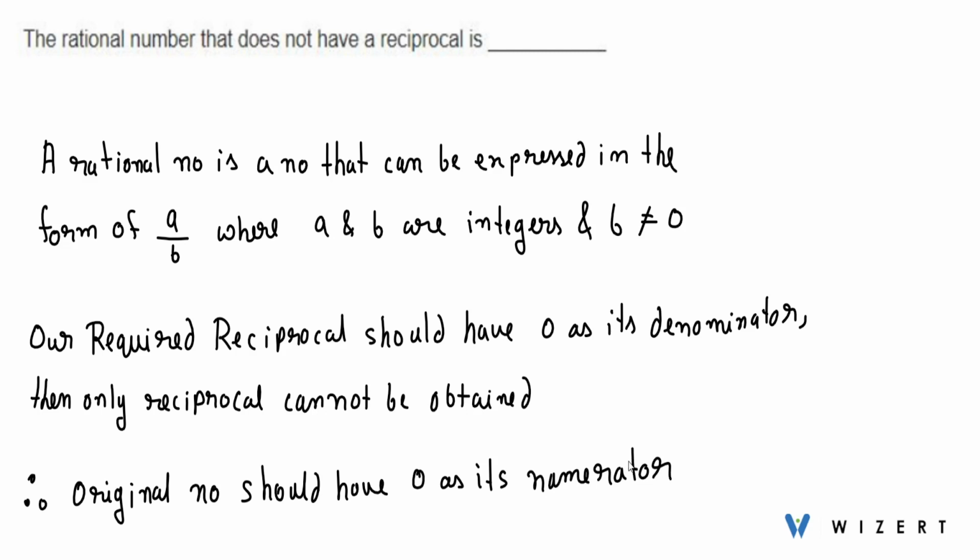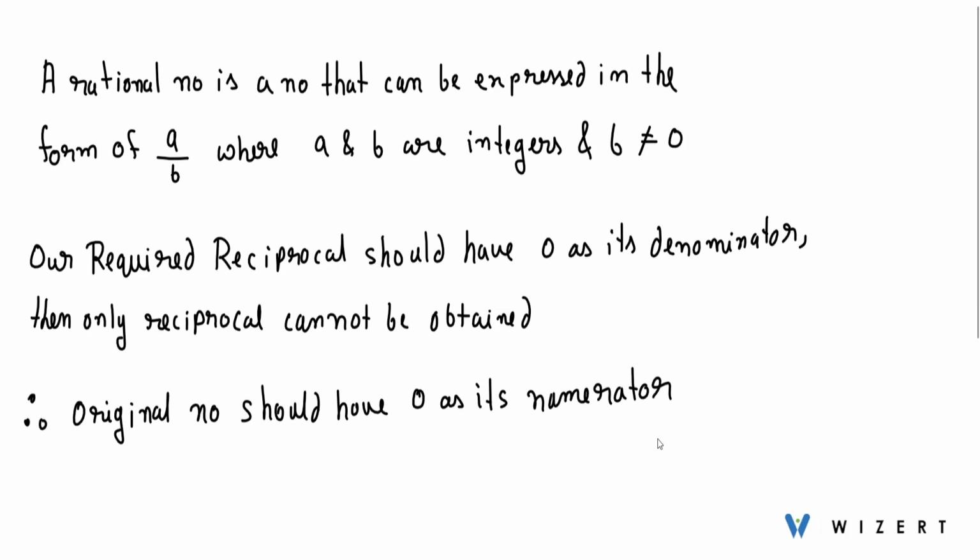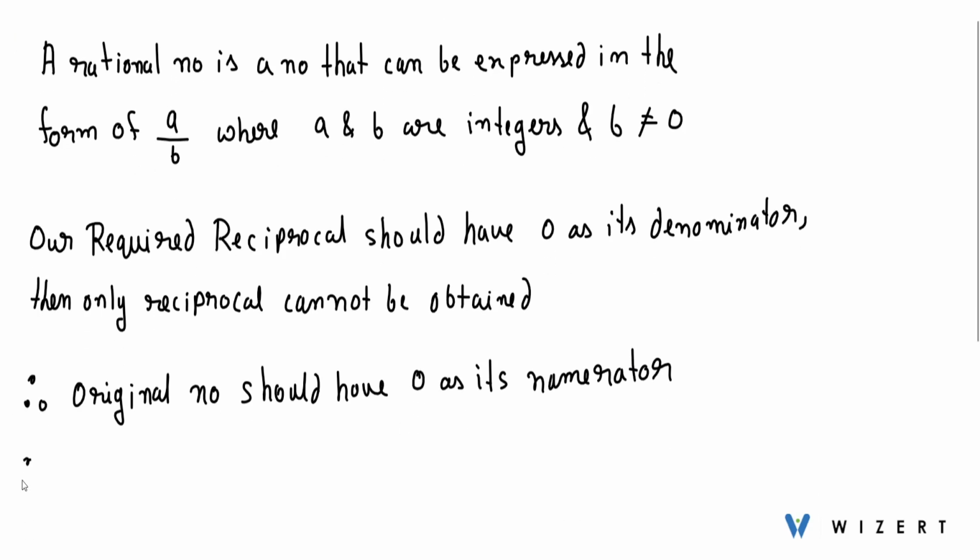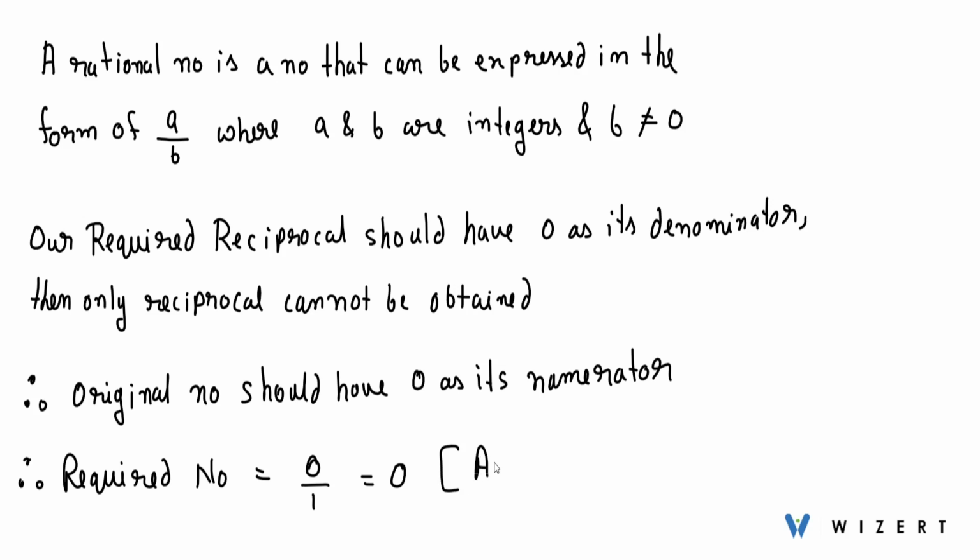And any number which has 0 as its numerator is always equal to 0. Therefore the required number equals 0 upon 1, which is equal to 0. So this will be our final required answer.